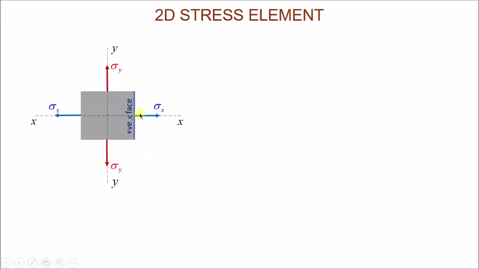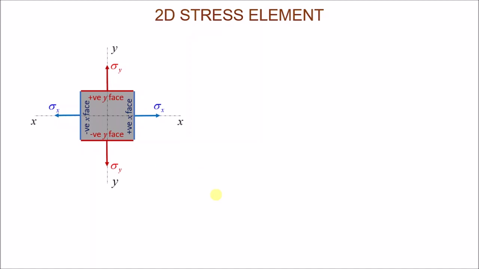And so this line that you have here will therefore represent a face. And in this case, it's the positive x face simply because it is on the side of the positive x direction, okay? Therefore, the one on the other side, of course, will be the negative x face. And then you can imagine what the face here and here are going to be. Of course, the one on the positive y direction will be the positive y face, and the one on the negative y direction will be, of course, the negative y face, okay?